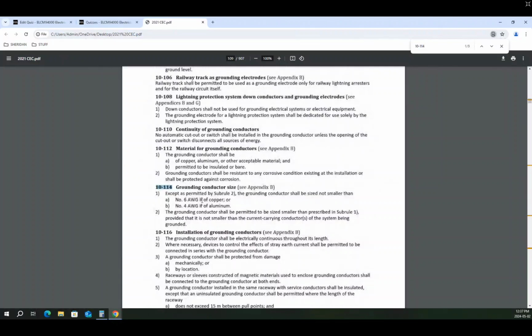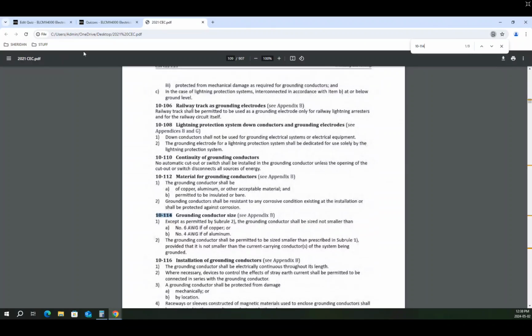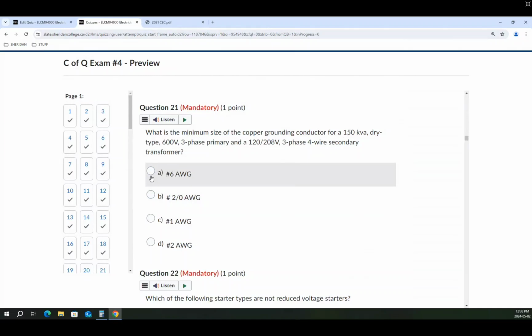Grounding conductor size, except as permitted by subrule 2, the grounding conductor shall be size not smaller than number 6 if copper, or number 4 if aluminum. Grounding conductor shall be permitted to be size smaller than prescribed in subrule 1, provided it is not smaller than the current carrying conductors of the system being grounded. I'm going to go number 6.